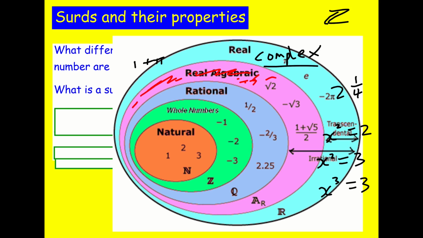So it's all of your roots and square roots, things involving roots where you're adding cube roots and so on, but they don't simplify to nice numbers such as root 4, which simplifies to 2. That's not a surd because it would lie within the whole numbers bit, a bit disguised. So basically it's this bit I'm shading in here, but not this bit here. That's going to be our surds.